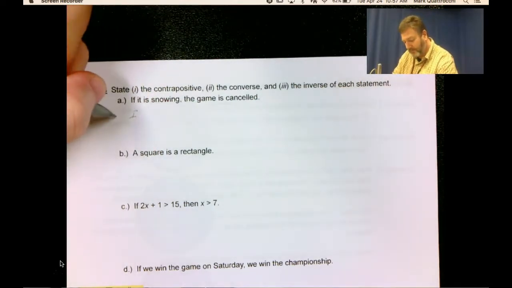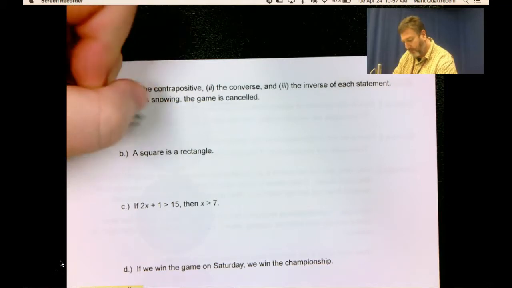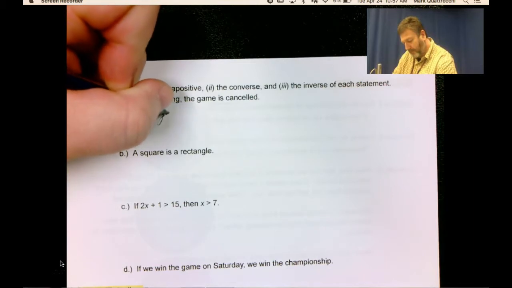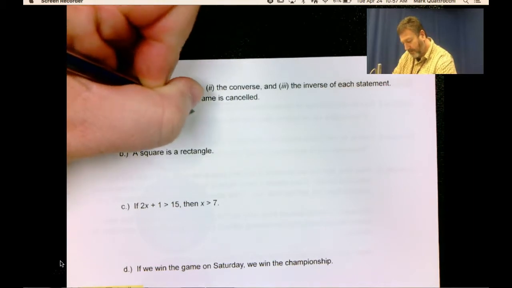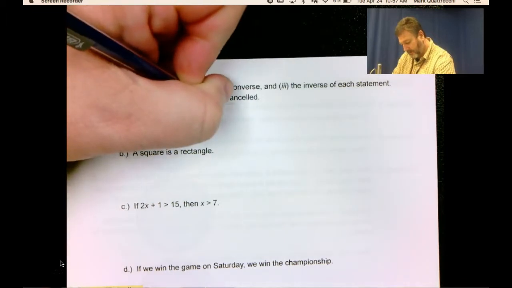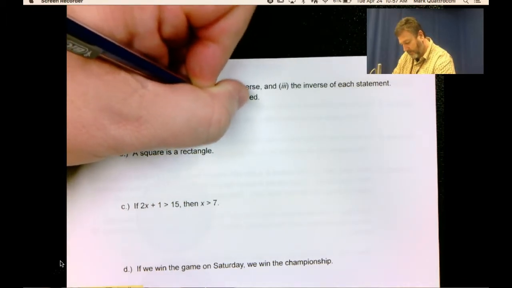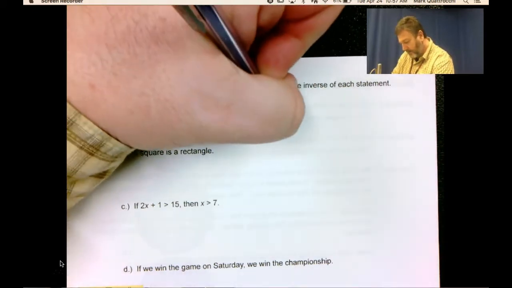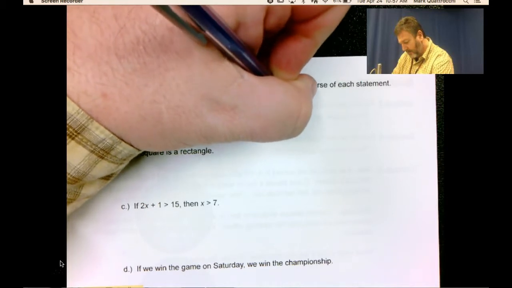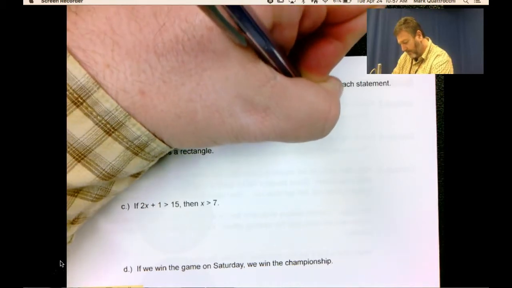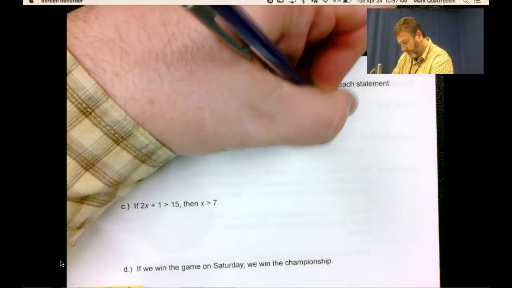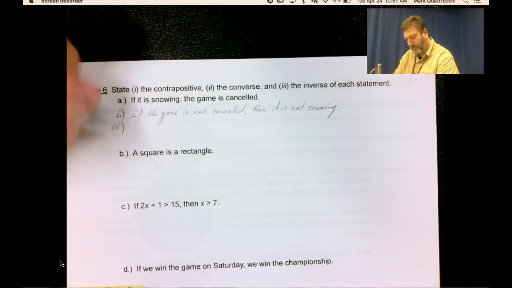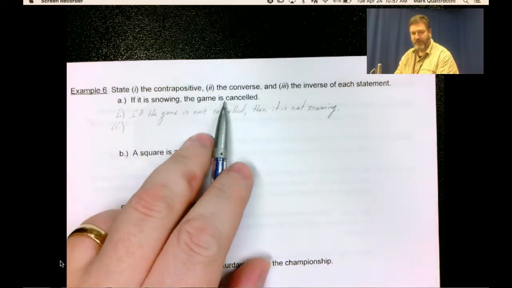So this is Roman numeral 1. If the game is not canceled, then it is not snowing. Roman numeral 2. Converse, switch them.